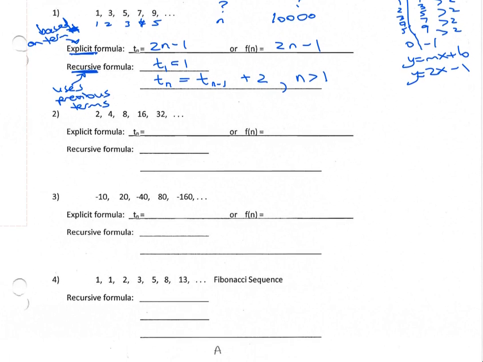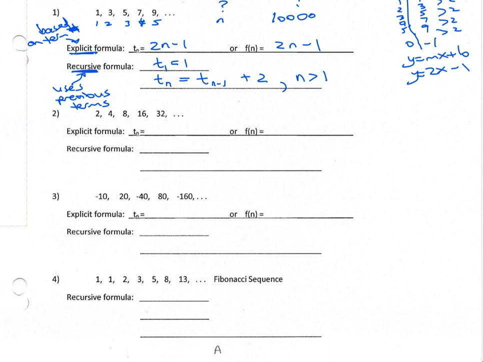So let's do another one. Example 2, recursive formula. Okay, so we're going to start with T1 is 2. And then how do you get each term from the previous one? You double it. So T1 starts at 2, and any Tn is going to be equal to the previous term, Tn minus 1, times 2, as long as n is greater than 1, because it won't work when n is 1, since Tn minus 1 would be T0, which doesn't exist.